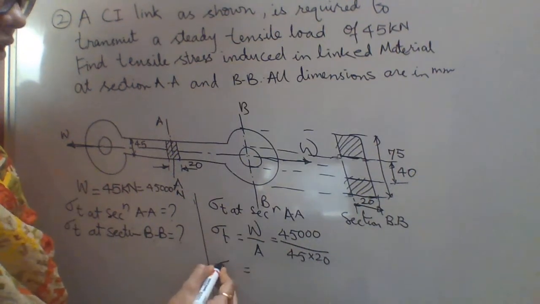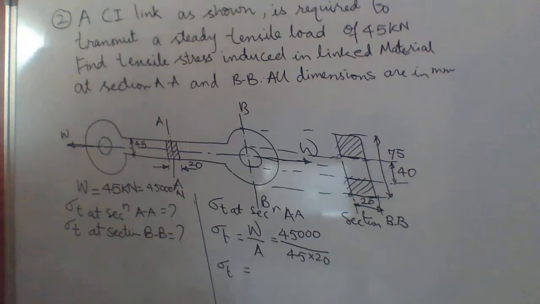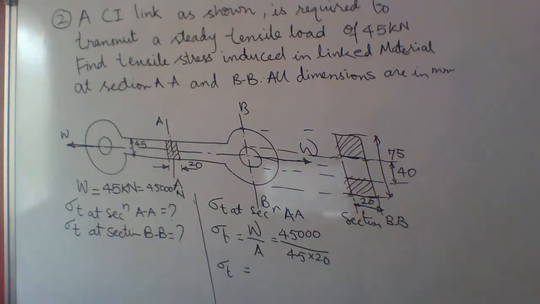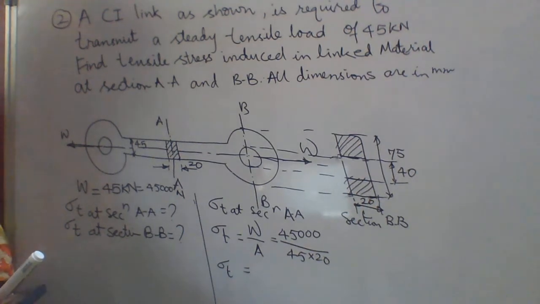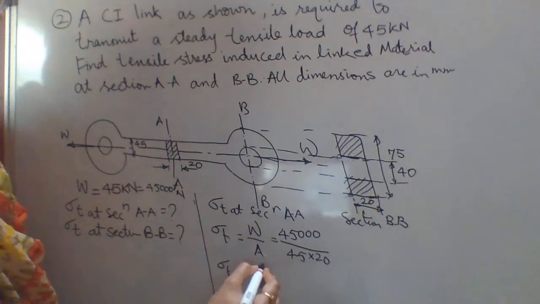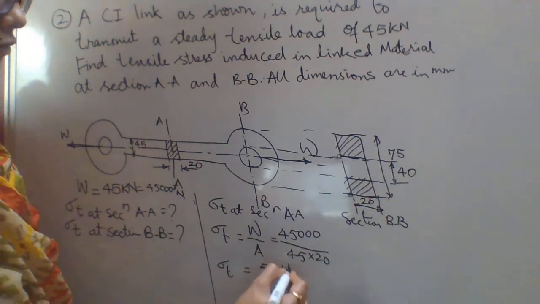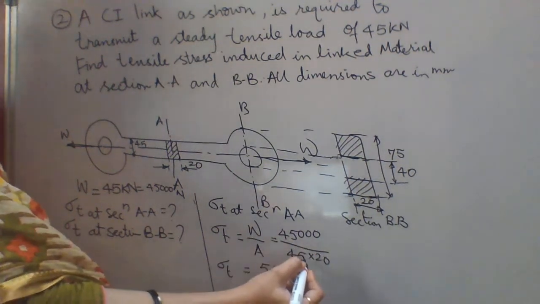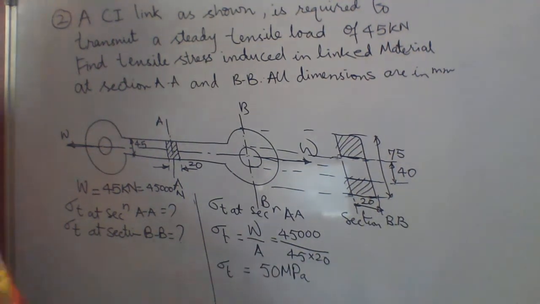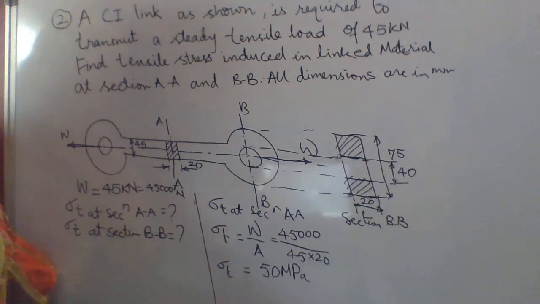Now again we'll take the calculator and solve this. 45,000 divided by 45 into 20 is 50. So the tensile stress induced at section AA is 50 megapascal. If the load is in Newton and dimensions are in millimeter, then sigma T will be in megapascal.